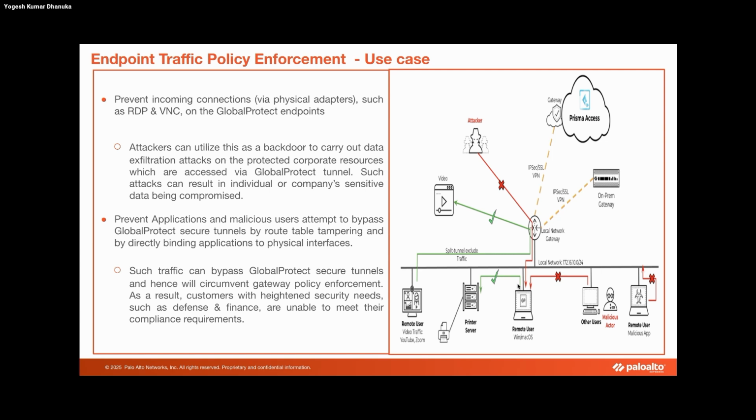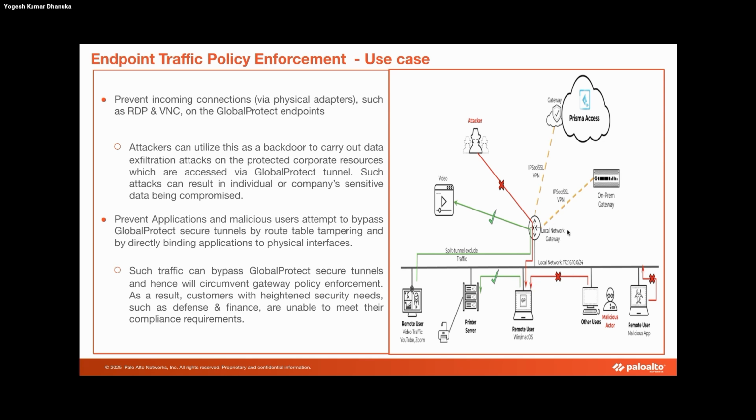Let's say you have a split tunnel for YouTube, so the user is still able to access YouTube. You may or may not allow local access, or you may or may not allow, let's say, a third-party VPN or any other specific network access.